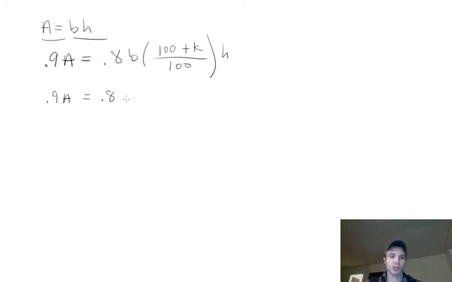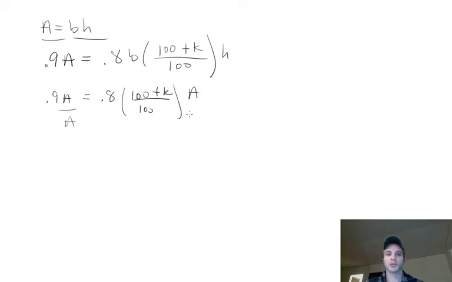So this is going to be 100 plus k over 100, I'll just leave it like that, times b times h. It's the same number. It still equals 0.9a, but b and h are next to each other. And what is b times h? It is a. So by the substitution property, I can just change that to a and some eraser magic.